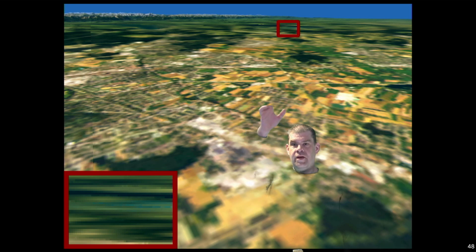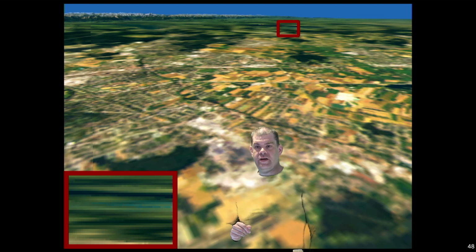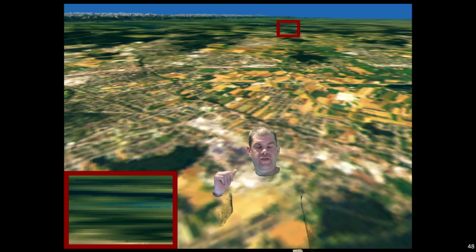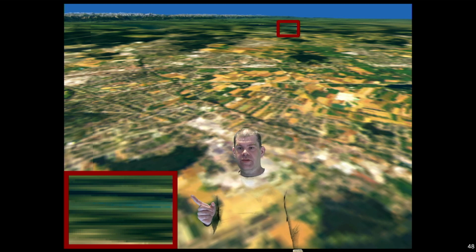Look at this red area here at the top, which I've enlarged here. It's pretty much a square-shaped area on the screen, and what you'll notice is that you get these stripes. The terrain is kind of stripy in X direction.